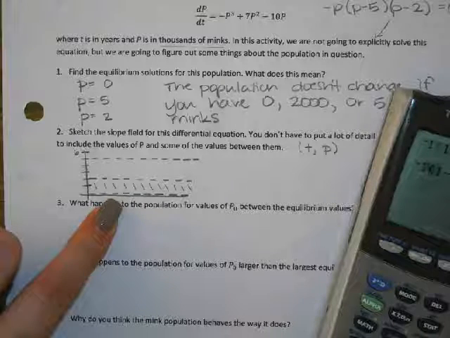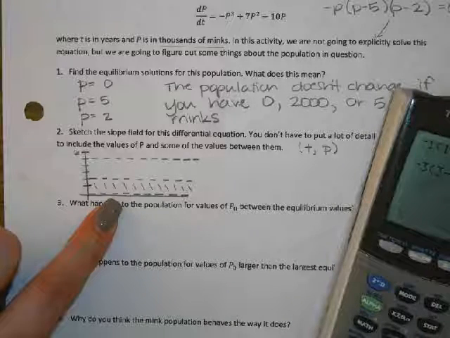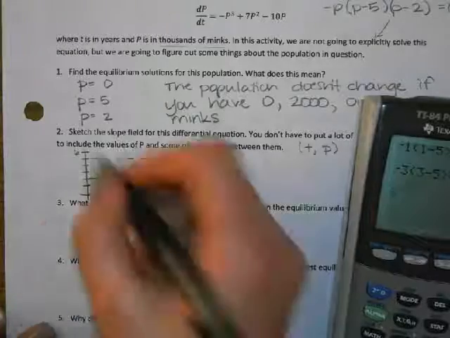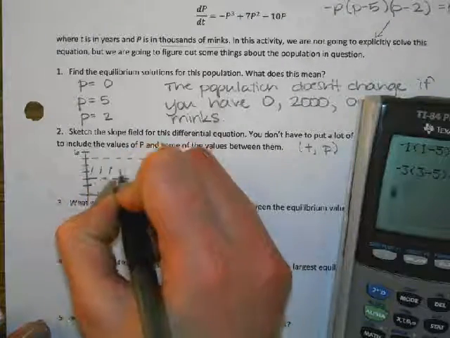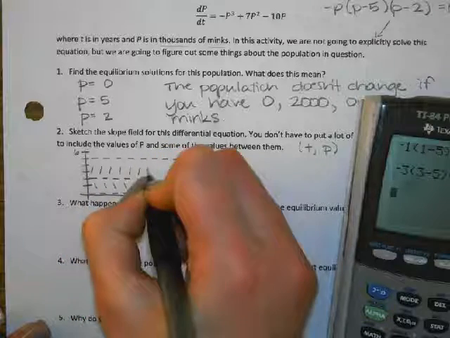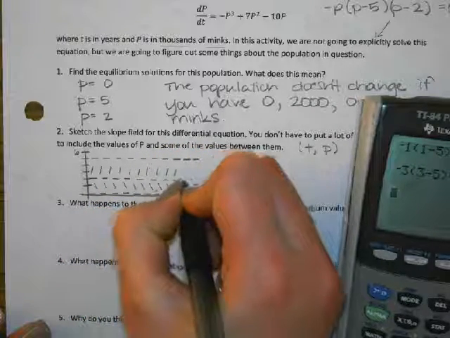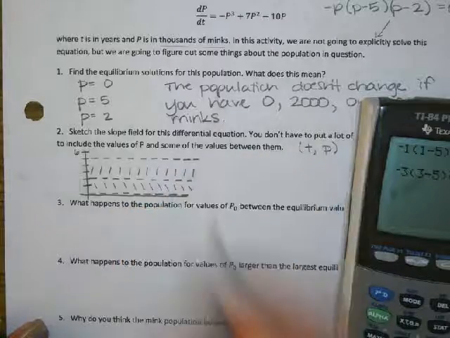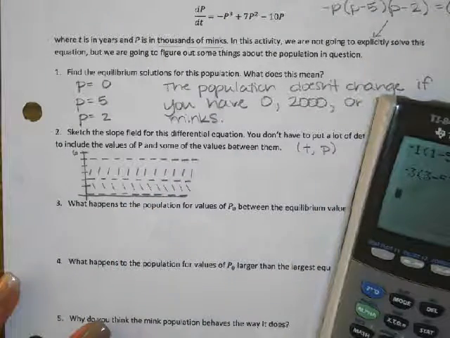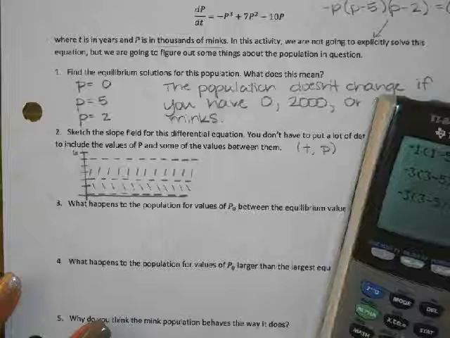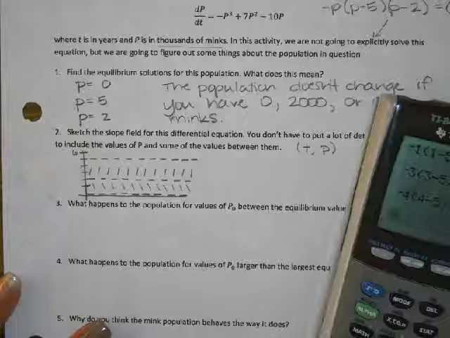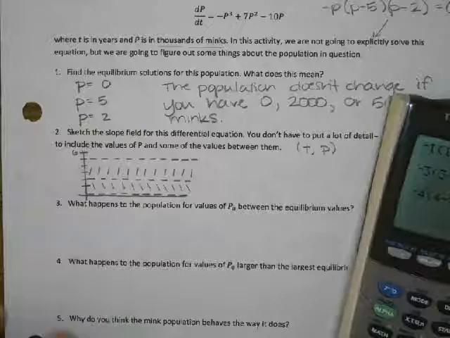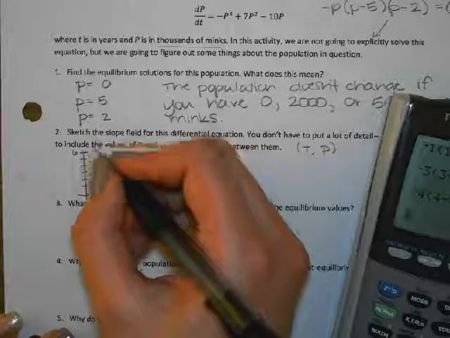So 3, 3, 3. Positive 6. There's a positive slope that's pretty steep. I'm going to go ahead and plug in 4. So that's a positive slope that's even steeper, it looks like.